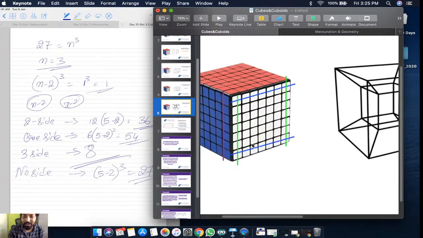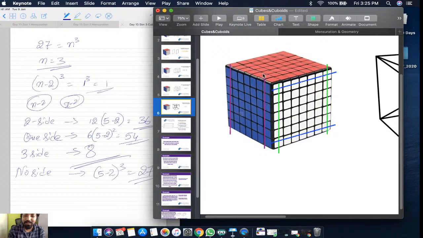If you are getting confused, let's consider this front edge is white, the back edge is black, and the opposite edge is black, white. This is the black one. So in this entire edge there are four cubes.